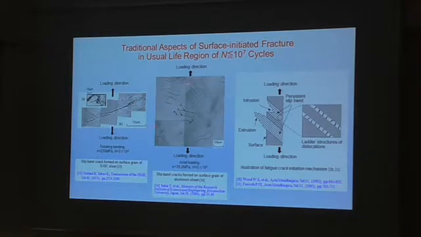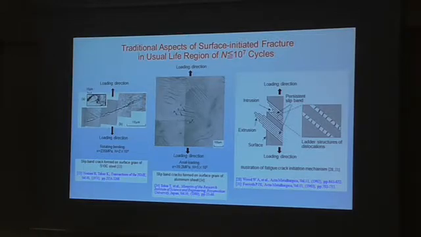And this one indicates another example of the specimen surface observed by using the optical microscope. You can find several aggressive slip bands on the specimen grains, and in this case, this slip band crack becomes a predominant crack, leading the specimen to the final fracture.